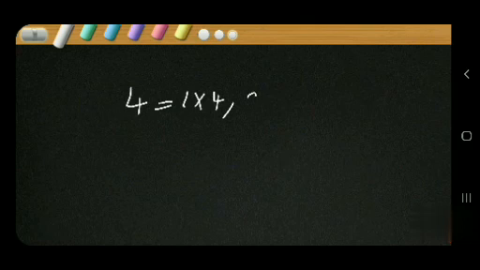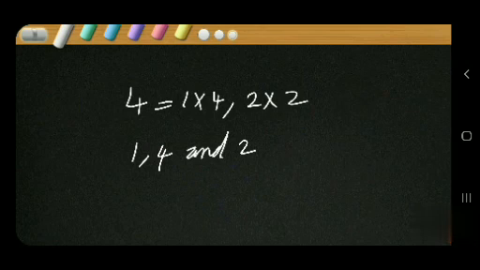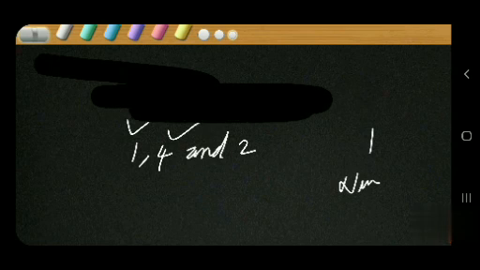Yes, 4 can be written as 1 into 4 and as 2 into 2. So the factors of 4 are 1, 4 and 2, isn't it? Among these, 1 is the smallest one and 4 is the greatest one. So the smallest factor of a given number is 1 and the greatest factor is the number itself. It's clear, isn't it? Any doubt? Yes, then we can write.